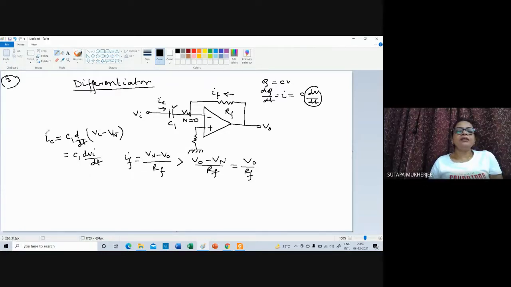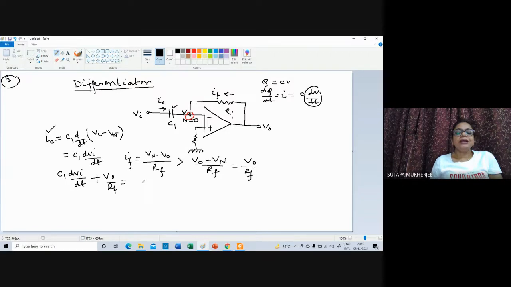So what is happening here? You have to add this IC and IF. Considering this point, apply KCL. If you apply KCL, what is happening? The current C1 dVi/dt plus V0 by RF, that is equal to what?